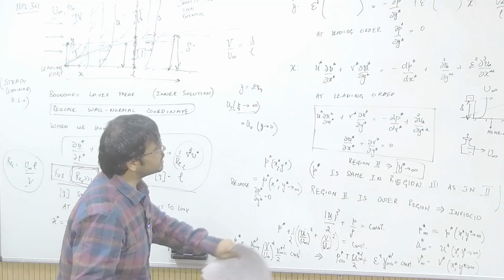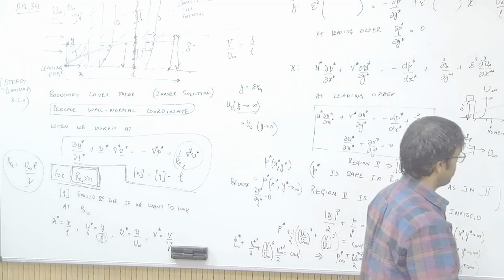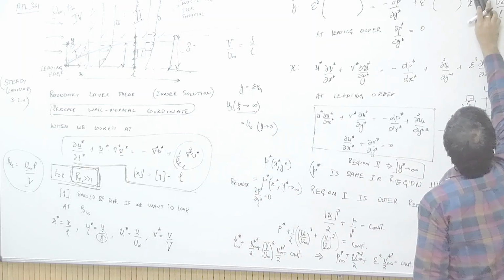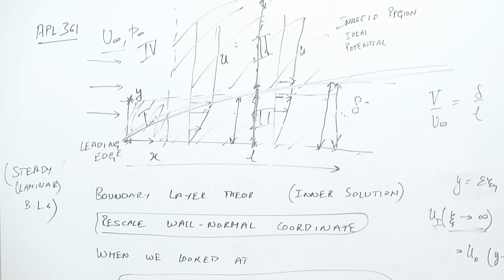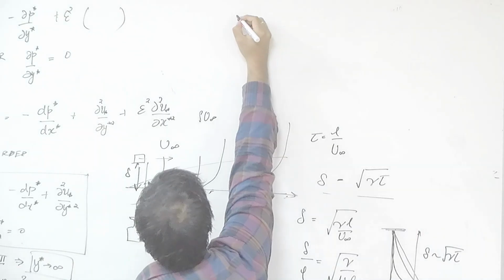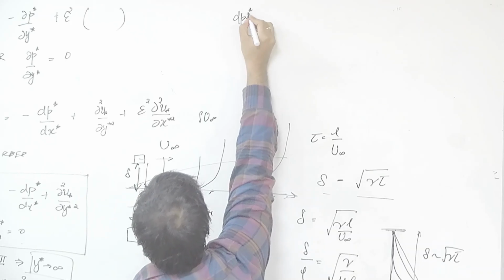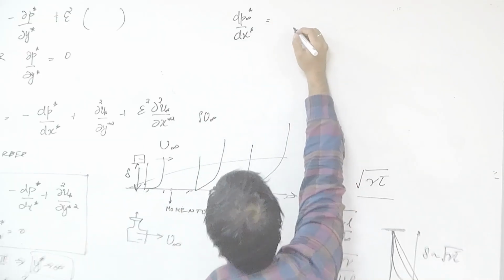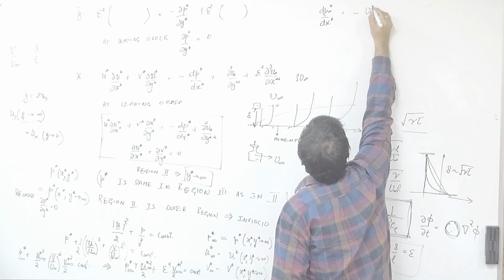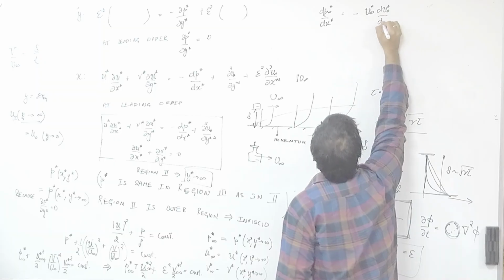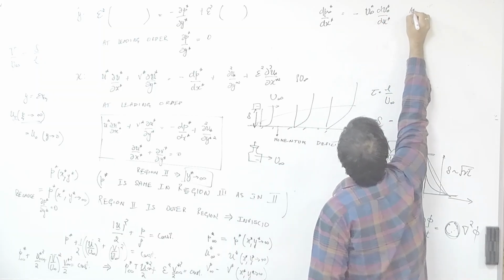And from here we see that dp infinity star over dx star is nothing but minus u infinity star du infinity star over dx star at leading order.